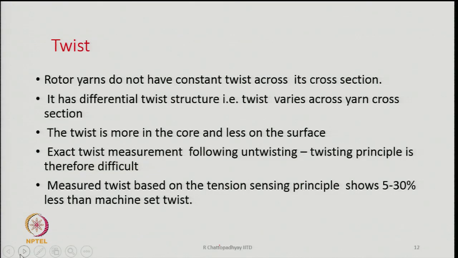So, measured twist based on the tension sensing principle shows 5 to 30% less than the machine set twist. So, whatever twist is set on the machines, if we try to measure the twist based on tension sensing principle, we will find that the twist value is less by 5 to 30% in the yarn.